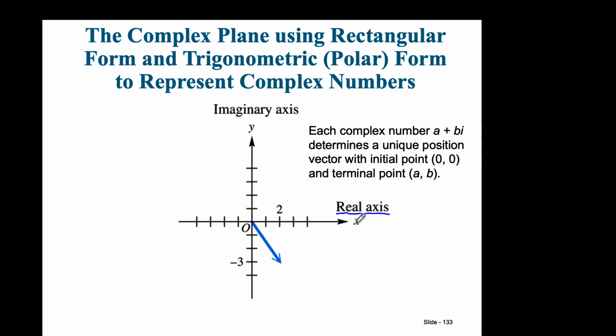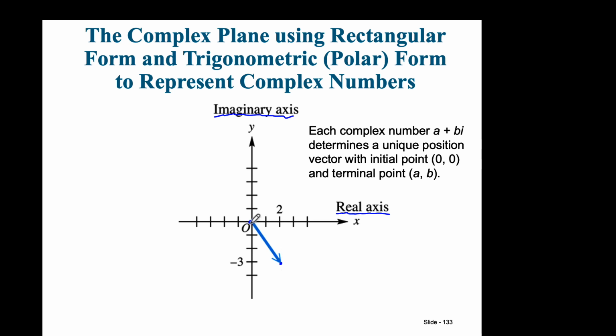We have the real axis and we have the imaginary axis. Each complex number, a plus bi, determines a unique position vector with initial point 0, 0, so we start at the origin, and the terminal point, where we end up, at a comma b. So for this one right here, we start at the origin, we end right here. The coordinate of that terminal point is a comma b.